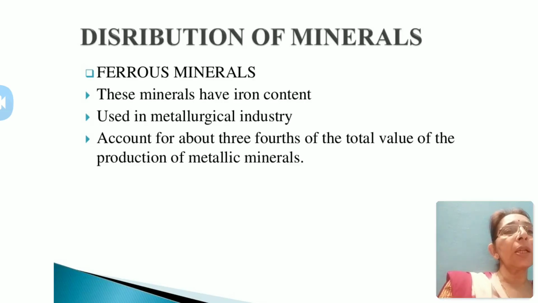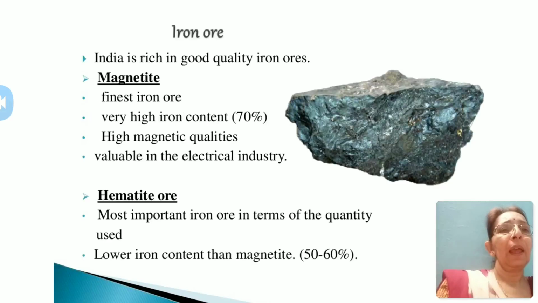Now let's start with the distribution of minerals in India. We have uneven distribution of minerals in India, but we can say that we are rich in mineral resources. Firstly, iron ore. A very rich quality of iron ore is found in India. It is divided into magnetite and hematite.